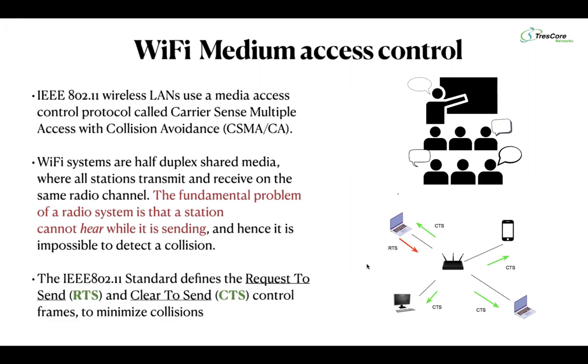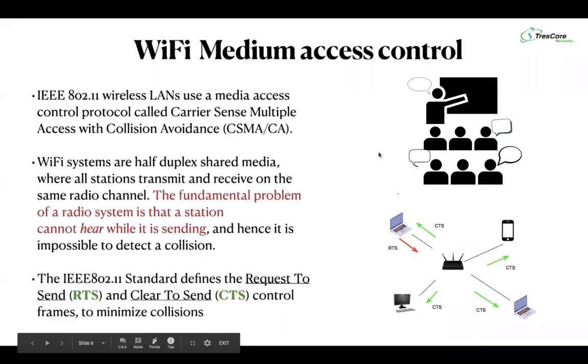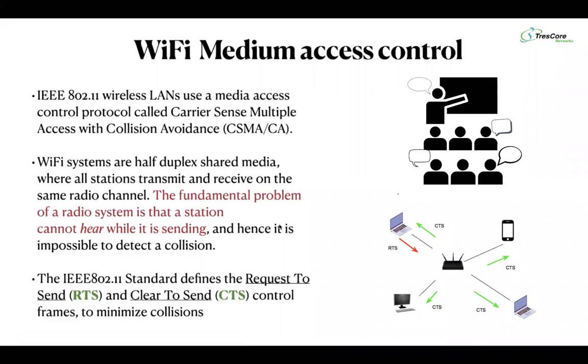So what they did, to avoid collisions, was to make sure that the antennas or radios that the wireless router or the client use are supposed to talk one at a time. Okay.